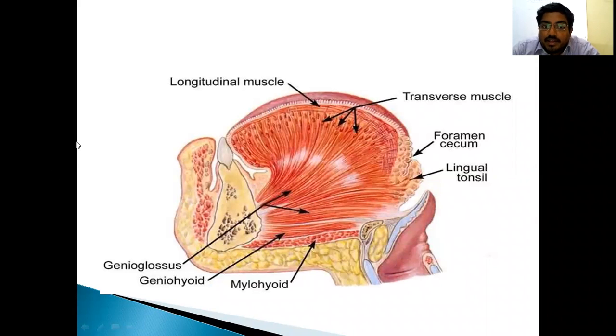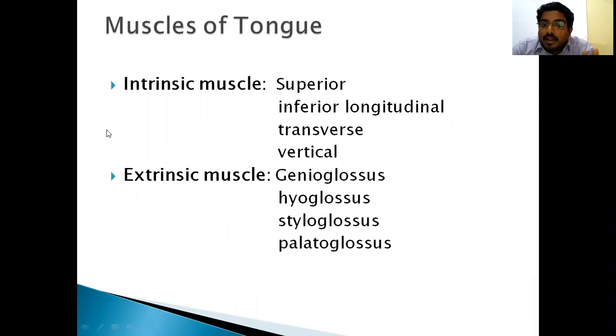The extrinsic muscles are genioglossus, hyoglossus, styloglossus, and palatoglossus. Four intrinsic and four extrinsic muscles.